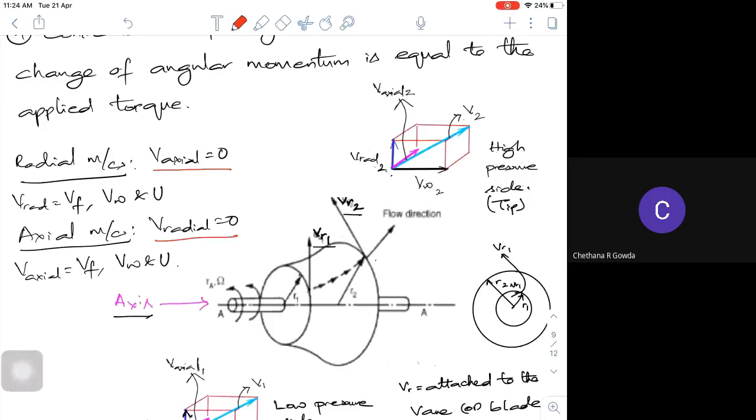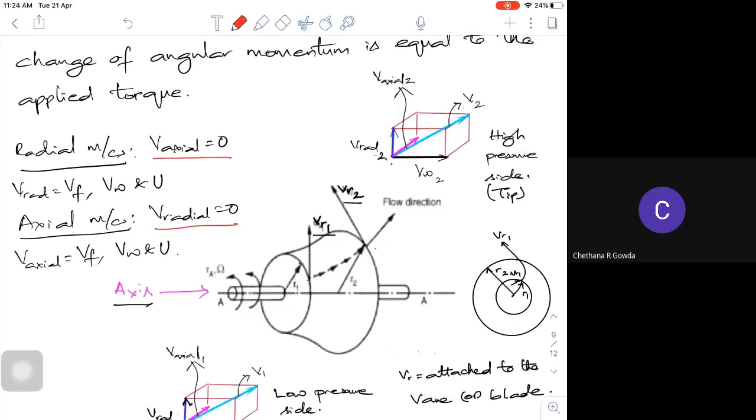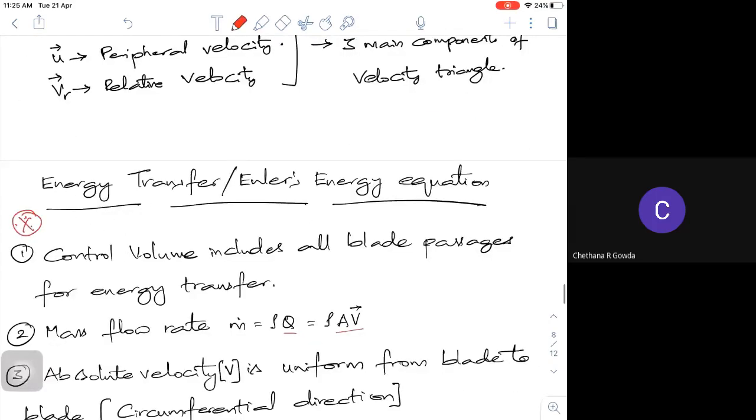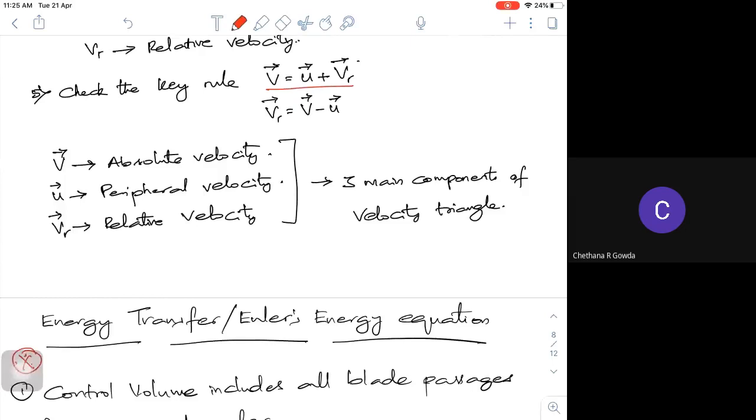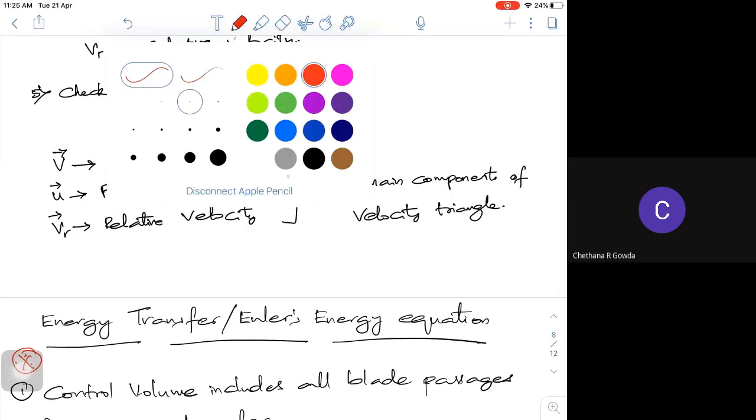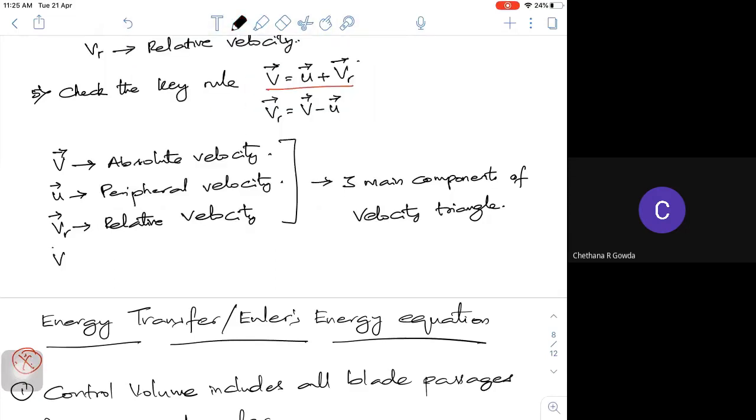Now what is this actually? This Vf and Vw are the components of your absolute velocity. So just now we have discussed how many velocity components actually? We have discussed absolute velocity, peripheral velocity, and relative velocity, and your absolute velocity is resolved into two components.